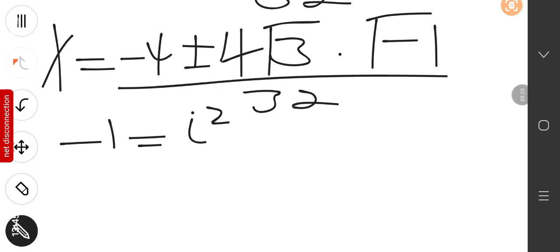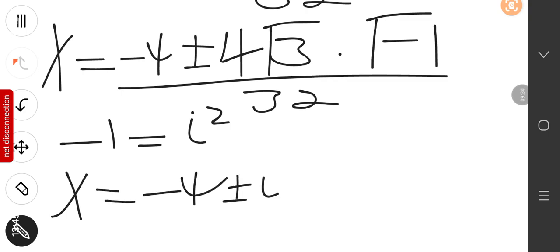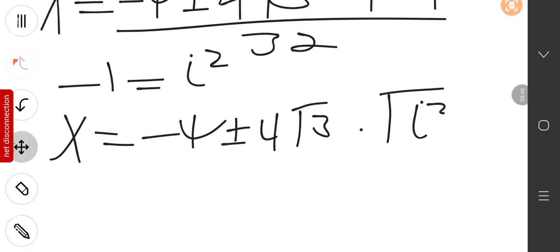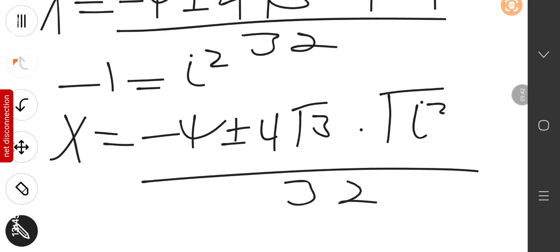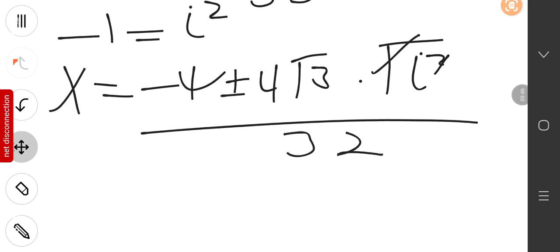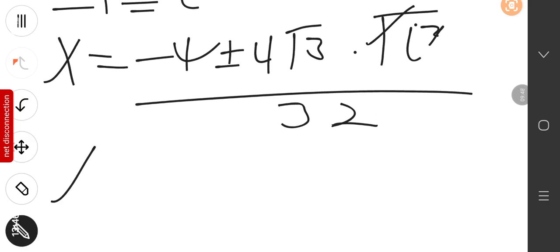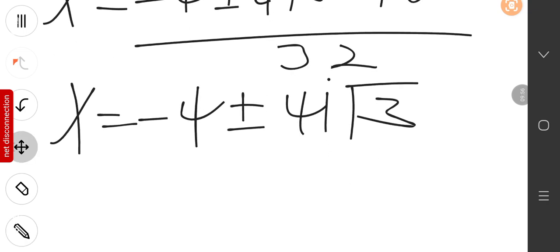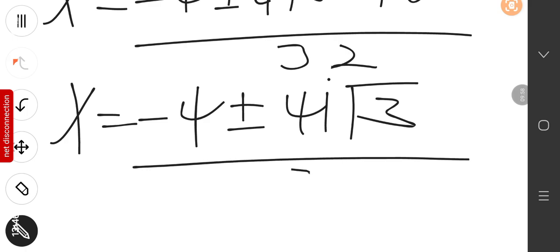So our equation becomes x equals minus 4 plus or minus 4 root 3 times the square root of i squared, all over 32. And this square cancels this root. So you're going to have x equals minus 4 plus or minus 4i root 3 all over 32.